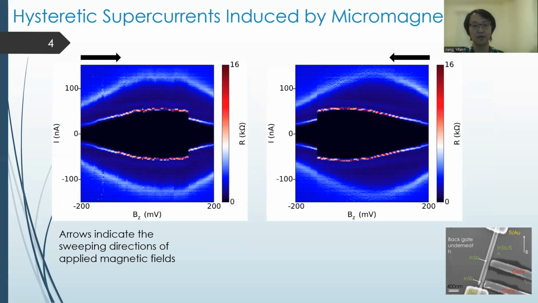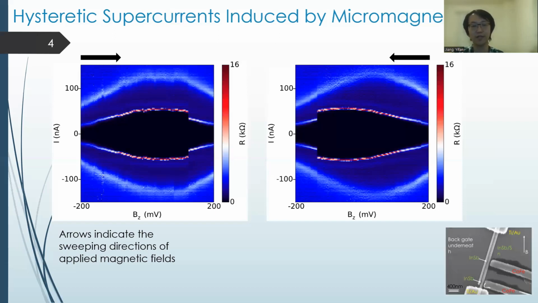The supercurrent gets larger with more positive magnetic field before reaching a point where there is a very sharp switching of the supercurrent. This sharp switching comes from the switching of the magnetization directions of the cobalt iron strips.